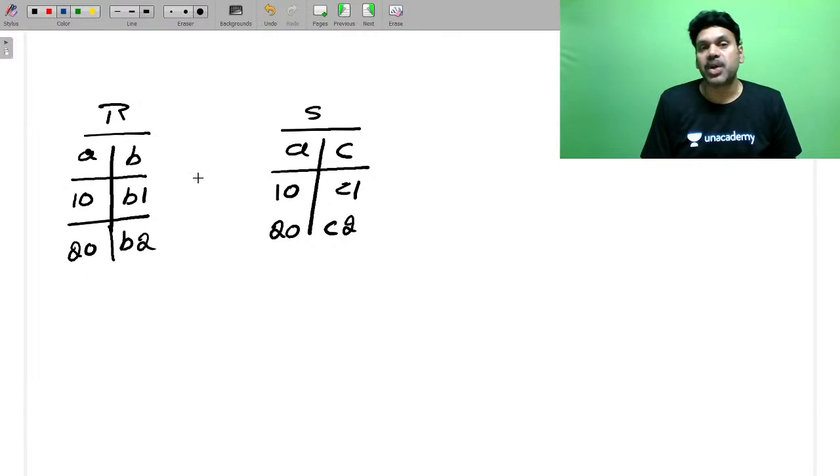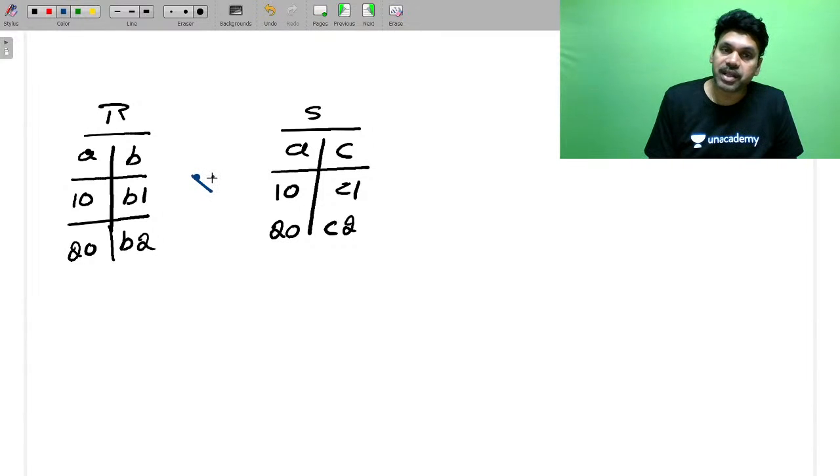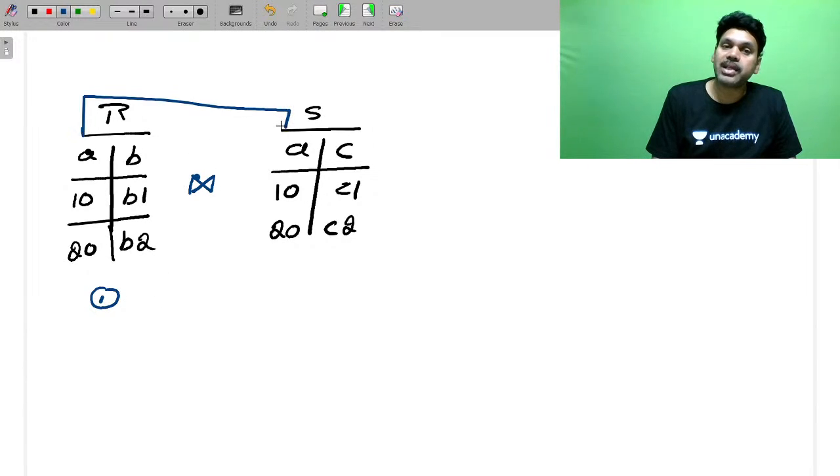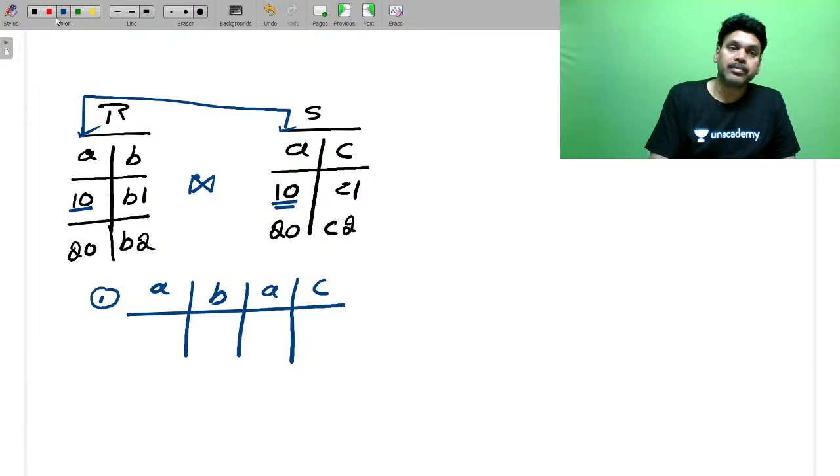Now, I am making a join between them. It's nothing but a natural join. The symbolic representation is like this. First step, consider the common column. So A is common. Therefore, you try to map using A only. While mapping, there must be common data within the A column here and the A column at that side. 10 can map with this, so you got 10 B1 C1.